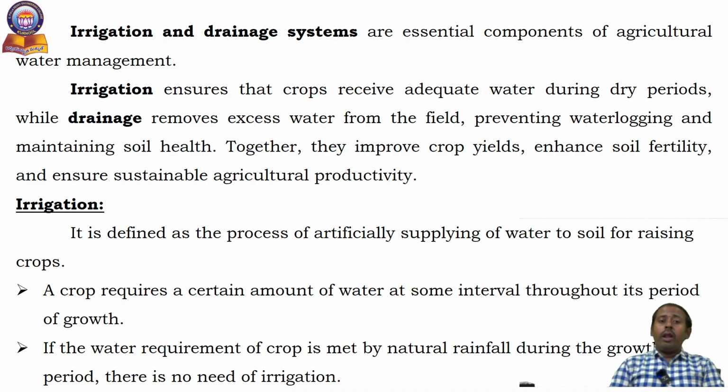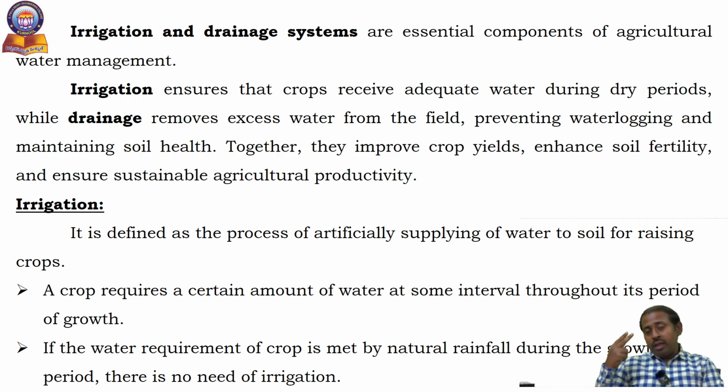So when they work together, here irrigation and drainage system, they improve the crop yield. That is, artificial supply of water is needed whenever the water is needed, through artificial supply to the agriculture field, and that water should not stagnate on the soil.